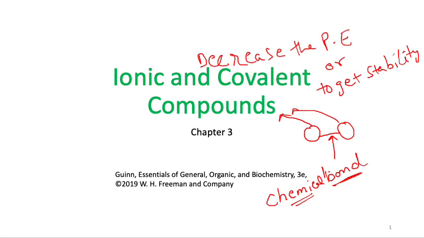There are two kinds of compound that we're going to talk about in this chapter. One of them is ionic compound, the second one is covalent compound, and we're going to talk about each of them separately: which kind of chemical bond atoms normally use to form an ionic compound and what kind of chemical bond a covalent compound normally uses.